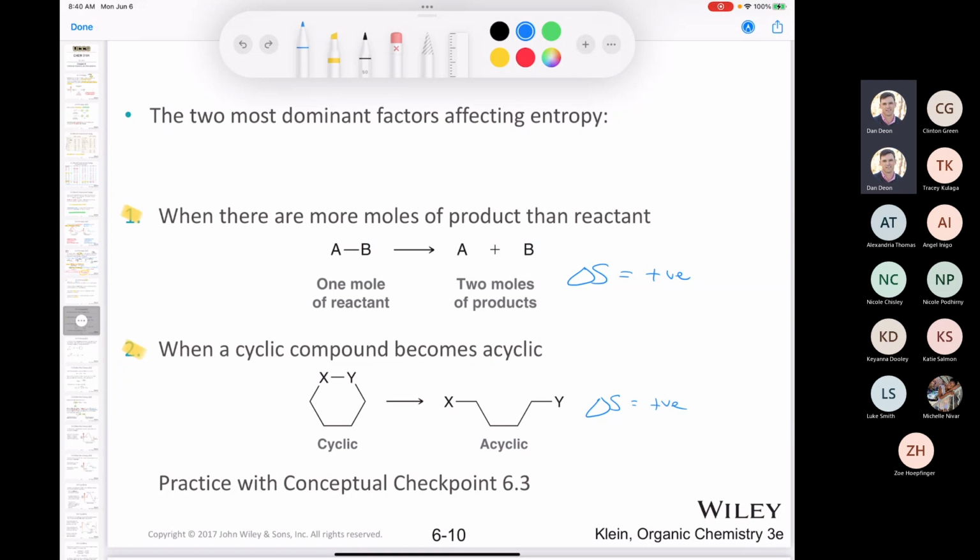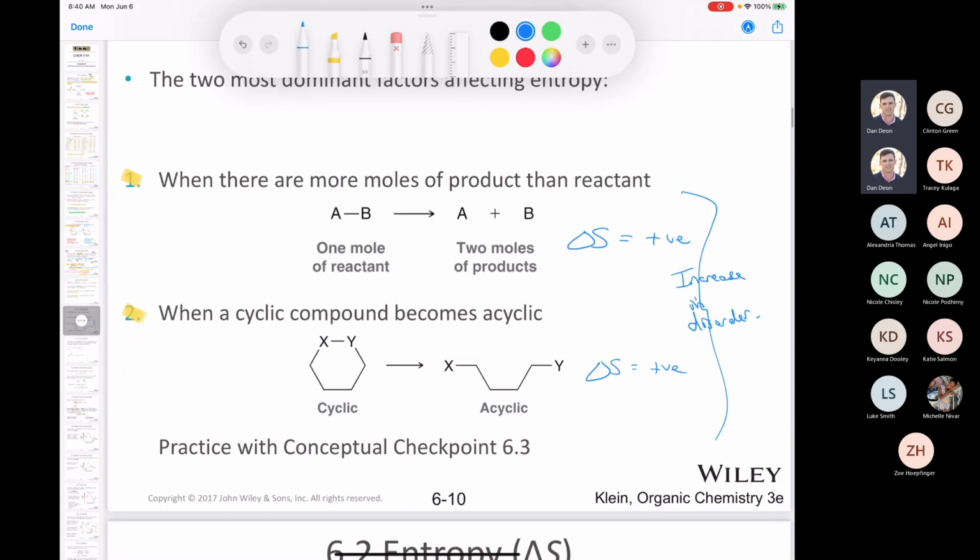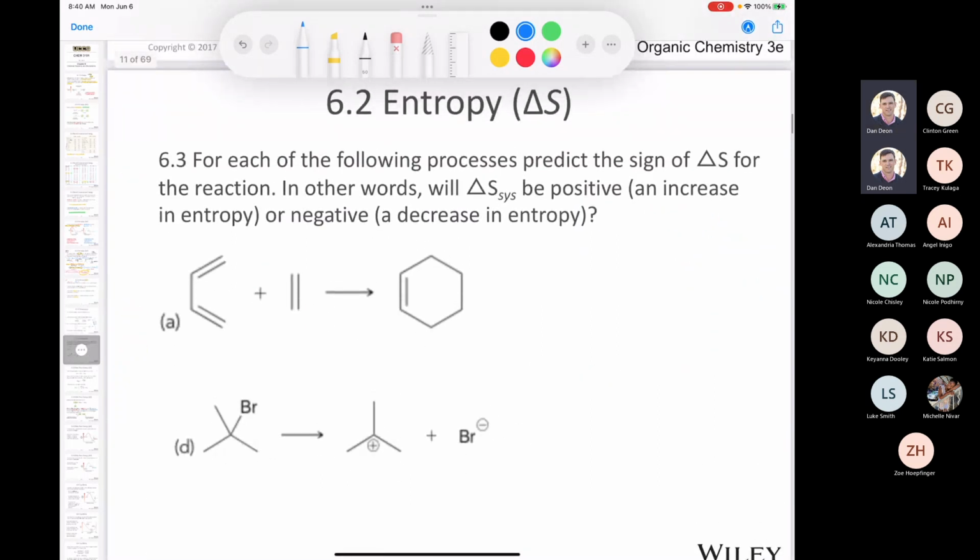And if we go from one thing that's cyclic to something that's acyclic, entropy is increasing. Cool. Usually students don't struggle with this, but both of these result in an increase in disorder, or delta S. Same thing, disorder.